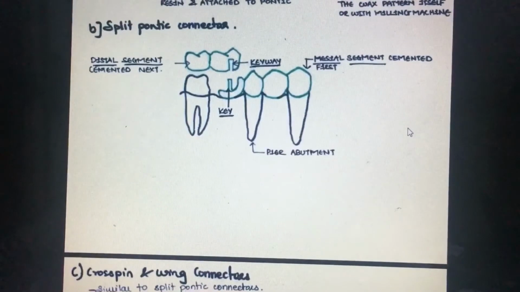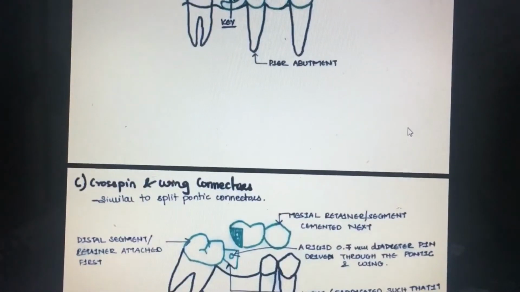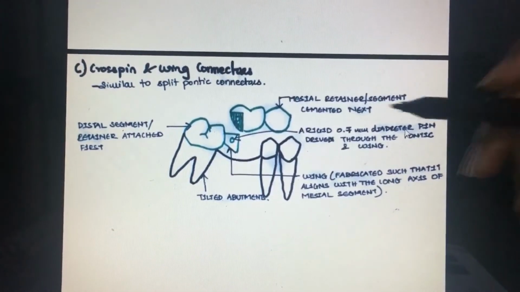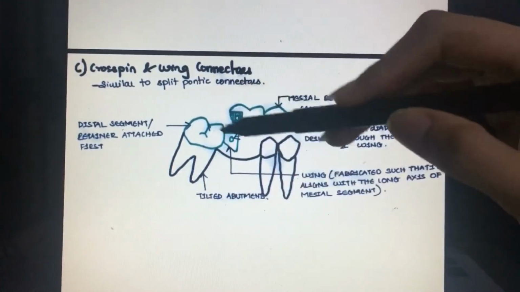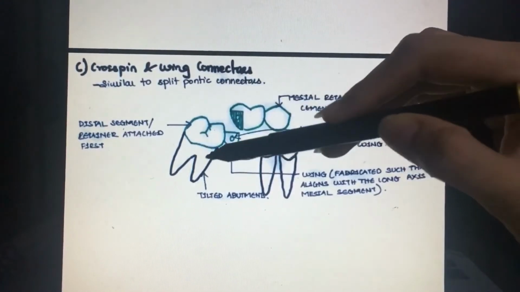Then we have the crosspin and wing connectors, which are similar to split pontic connectors and are used for tilted abutment cases, and the wing is attached to the distal retainer. As you can see in this diagram, this wing is attached to the distal segment.